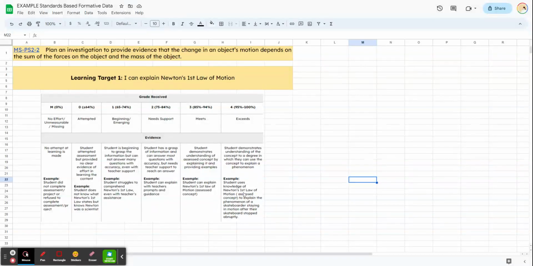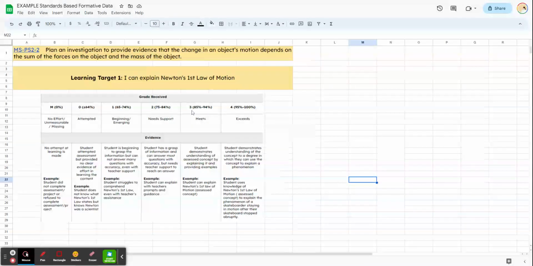If a student can do that and apply this learning target, it means they got it, I taught it well, they understood it, they're going to do well on this portion of the test and that area of expertise in the state test.